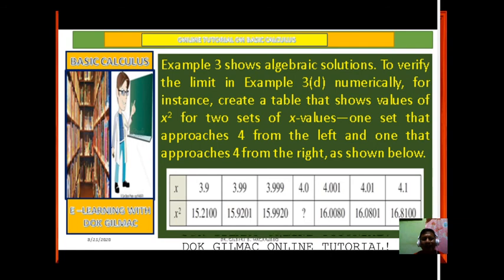Since 15.9920 is approximately equal to 16. Now, from the right of 4, the values of x range from 4.1 to 4.001, and as you can see, x squared comes closer to 16, since 16.008 is approximately equal to 16.